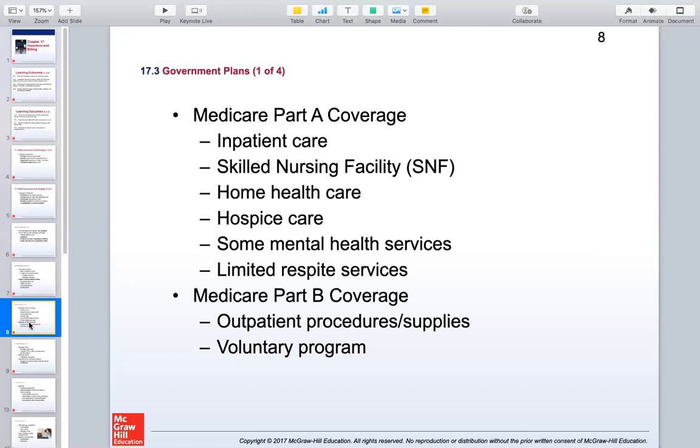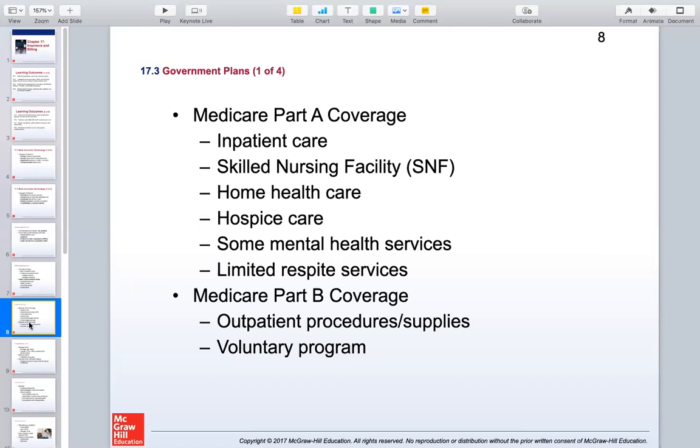It could include some mental health services depending on what those services are and what they're being treated for. So it can include some psychiatric treatment. It could include some behavioral health treatment as well, whether it's what we call inpatient or outpatient care. And then it could also include some respite services.